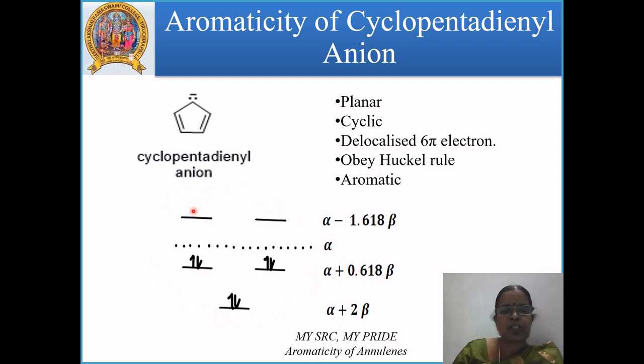This corresponds to the molecular orbital diagram of cyclopentadienyl anion, 3 bonding molecular orbitals and 2 antibonding molecular orbitals. All the 6 pi electrons are present in bonding molecular orbitals, which are lower in energy compared to the atomic orbital. So the molecule is highly stable.